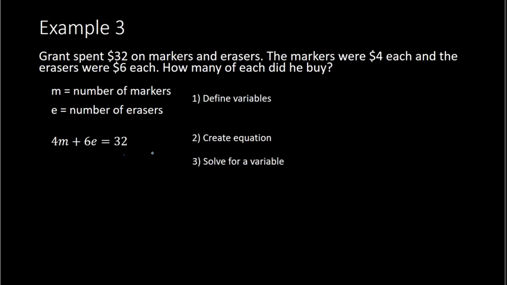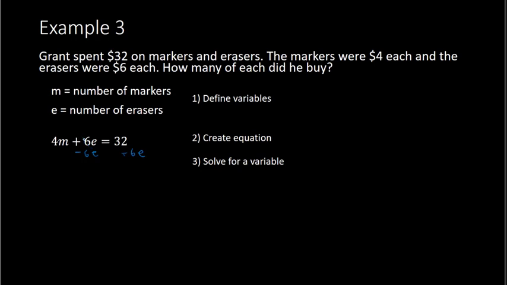To do this, we want to solve for one of the variables. Now, it doesn't matter which one we solve for, but in this case, let us solve for m. We're just choosing m just because. So we need to get rid of the 4 and the 6e. Let's move those to the right side. The 4 is being multiplied, the 6e is being added. I get rid of the 6e first because of reverse order of operations.